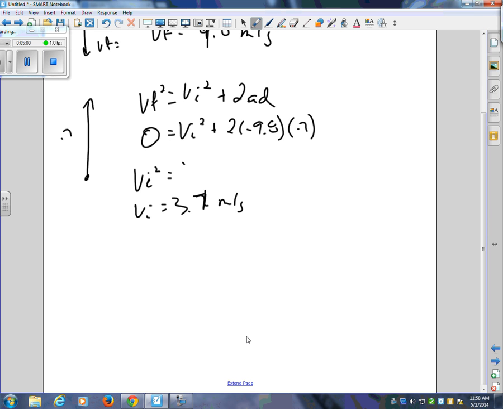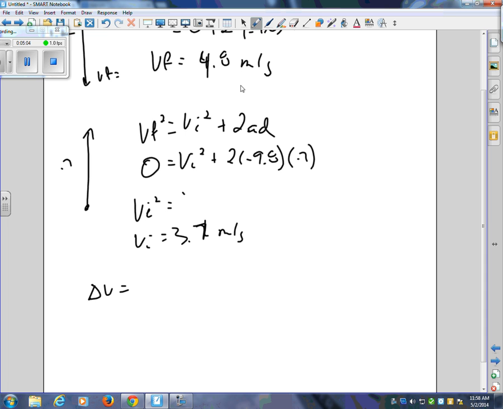Okay, so what is my delta V in my interaction here? We're going to label this one as the initial, minus 4.8, and this is the final, which is positive 3.7.